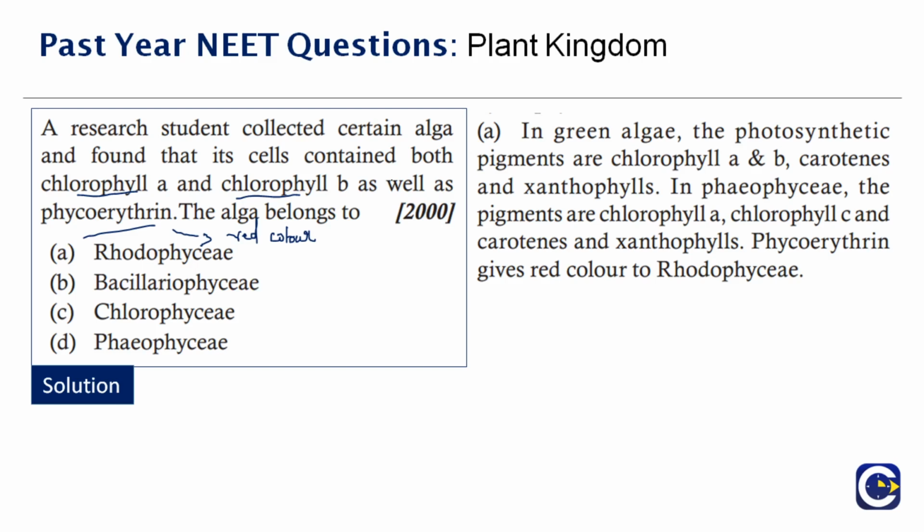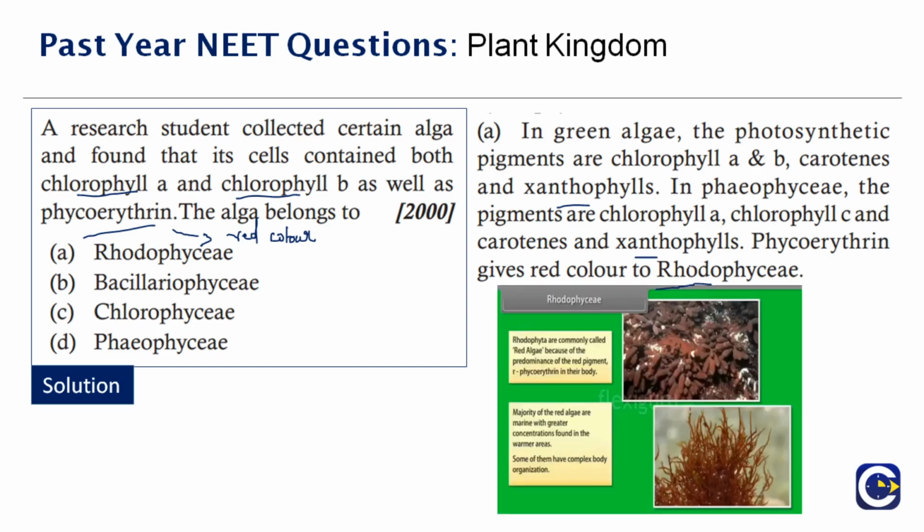Here they have clearly given in the description that green algae contain chlorophyll A and B, apart from that they also have carotenes and xanthophylls. Phaeophyceae belongs to brown algae, and it will also contain chlorophyll A, C, xanthophylls and carotenes. Apart from that, phycoerythrin gives red color, which belongs to the family Rhodophyceae.